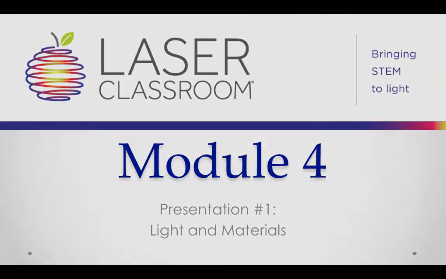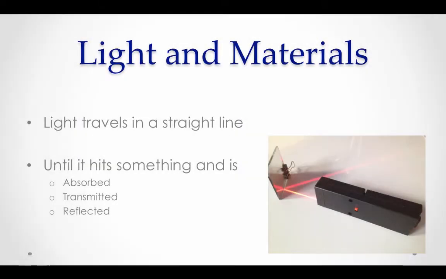We're going to go a little bit deeper into the nature of light and the way that light interacts with materials in this section. And the first thing we're going to take a look at is that light travels, and it travels in a specific way. It travels in a straight line. And this is going to set us up for examining reflection a little bit more deeply as we go on.